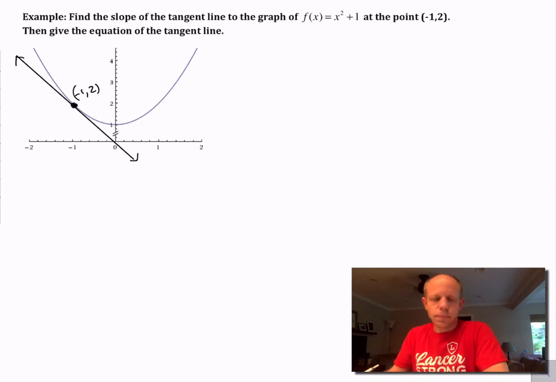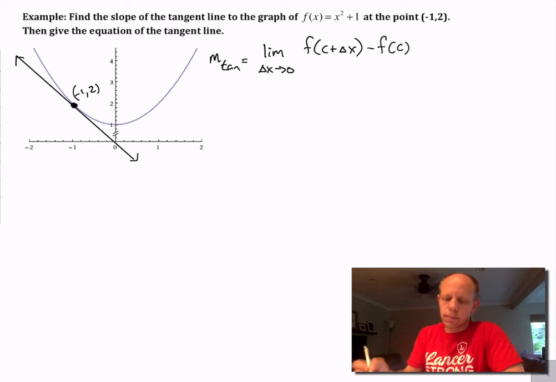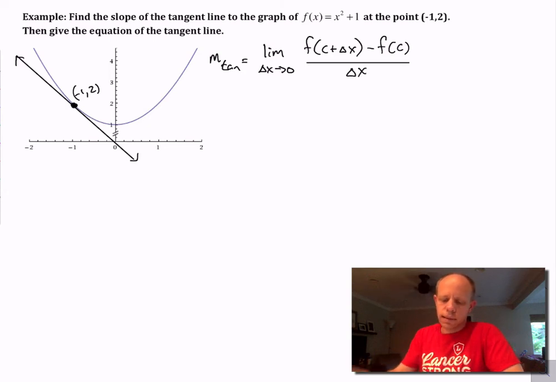So in order to find our slope, we're going to use the limit definition. So the slope of the tangent line, remember, is going to equal the limit as delta x approaches 0 of f of c plus delta x, that's our y2, minus f of c, and then all divided by delta x. Okay? So this here is our limit definition of slope.